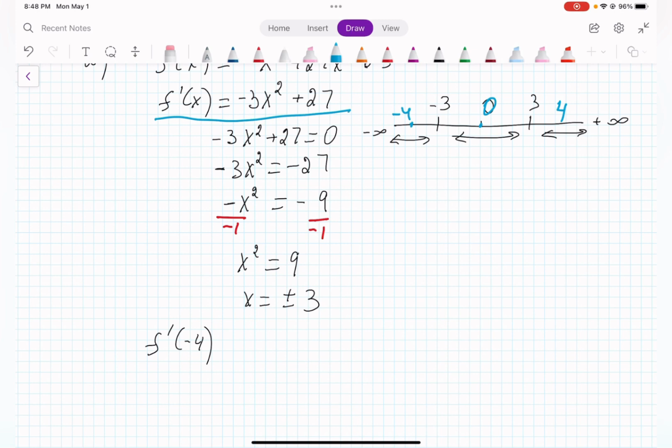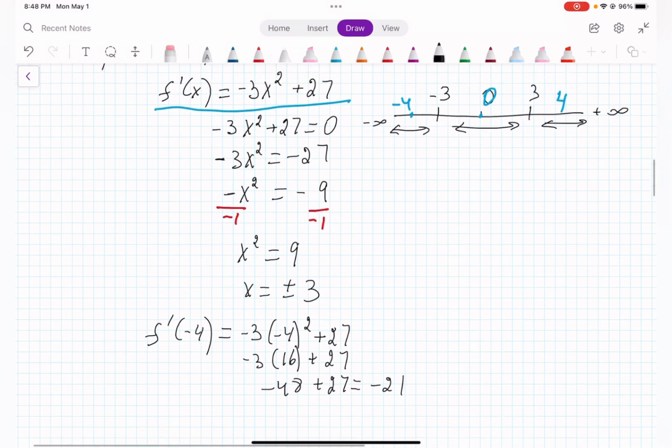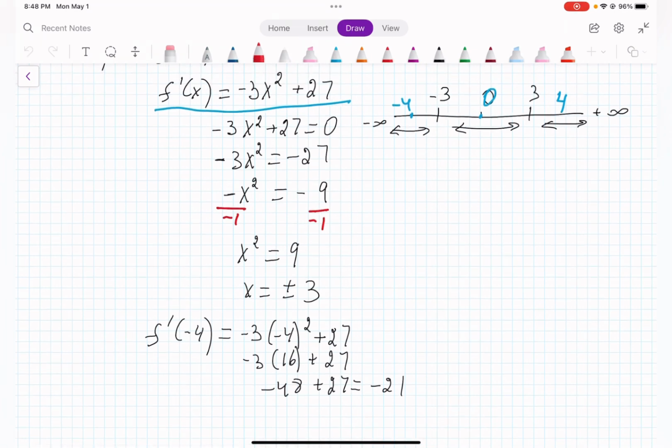So I'm plugging -3 times -4 squared plus 27. So this is equal -3 times 16 plus 27, -48 plus 27. We are going to get -21. So on this side, we have negative.